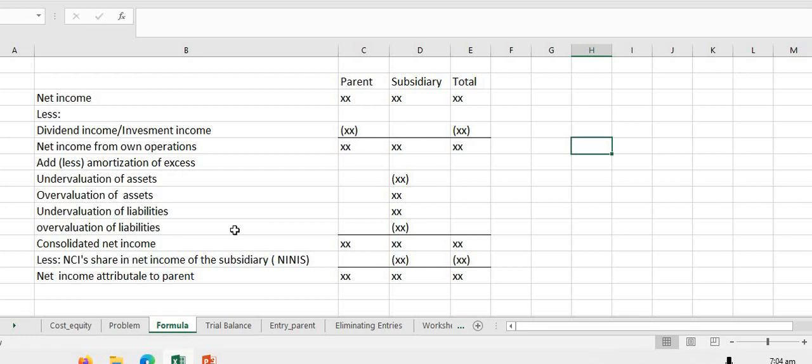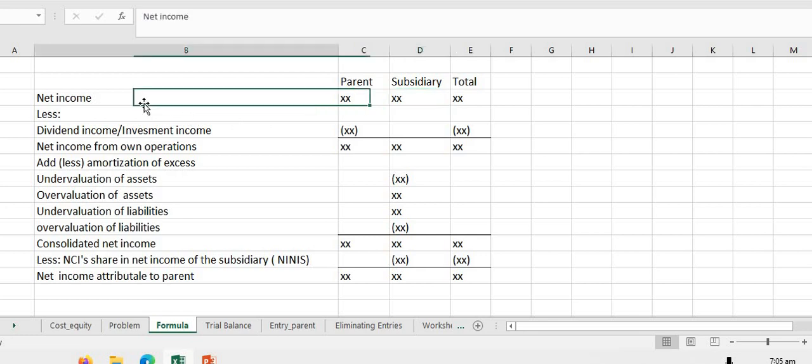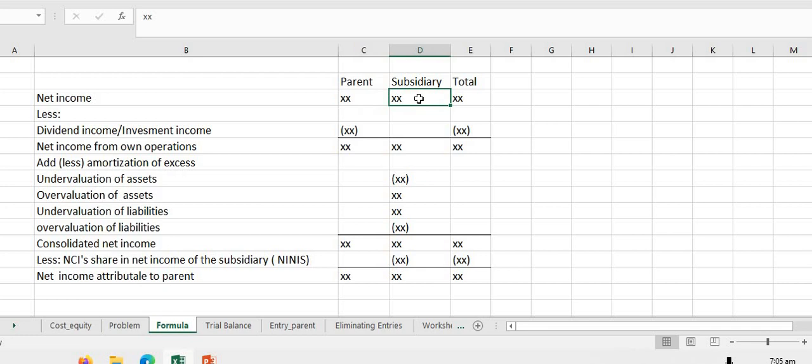The consolidated net income is actually the parent's net income plus the parent's share in the net income of the subsidiary. To compute, we have the net income of the parent plus the net income of the subsidiary, which is the net income reported in the separate financial statements of the parent and the subsidiary.